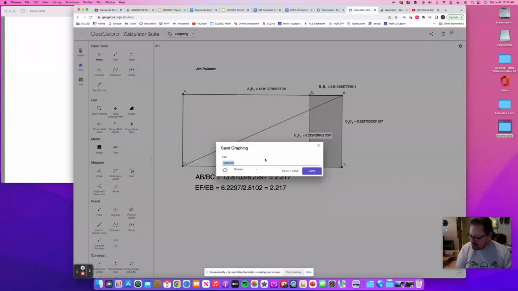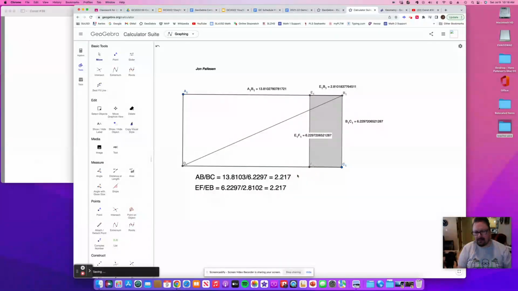All right, so this is construction number 39, reciprocal of a rectangle. We'll copy that, put it here in our template.